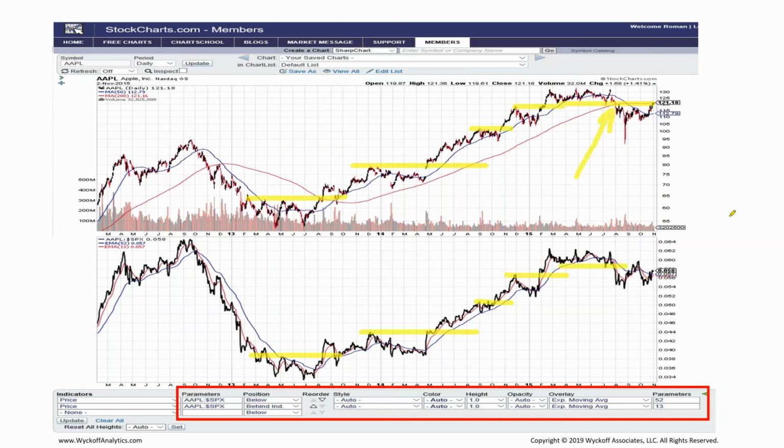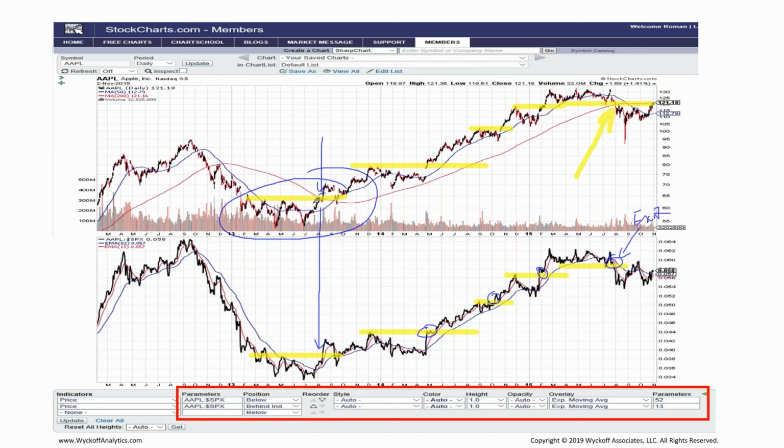So if we would be long-term investors, we would be saying, okay, if this is an area of accumulation, I want to see the breakout of the price and the breakout of the relative strength, and follow this pattern until it's broken right here. So this could be our exit.